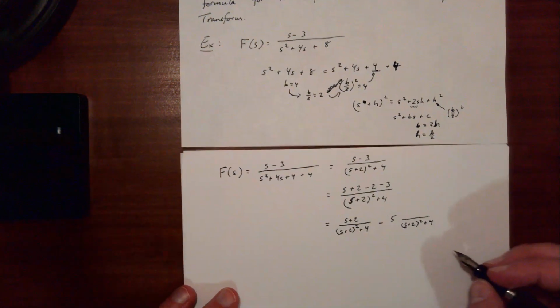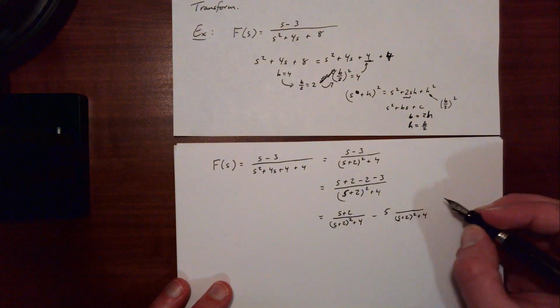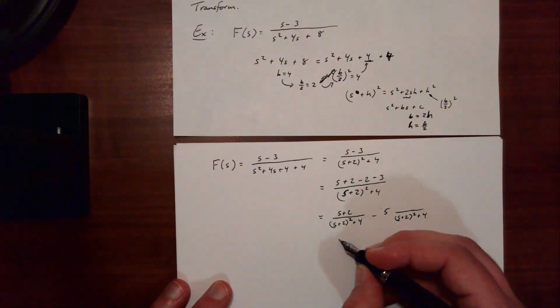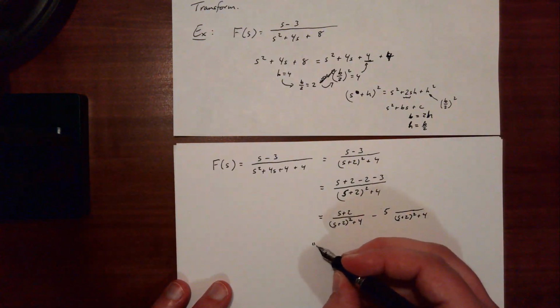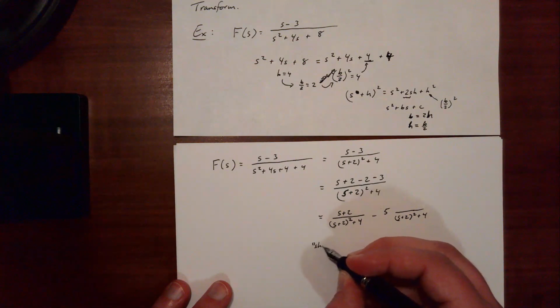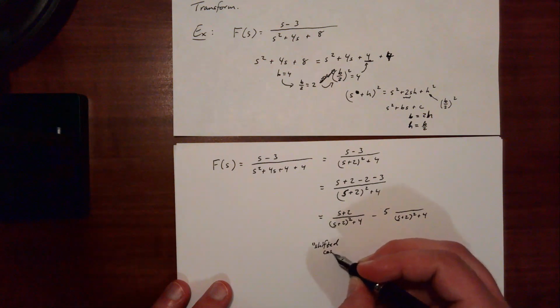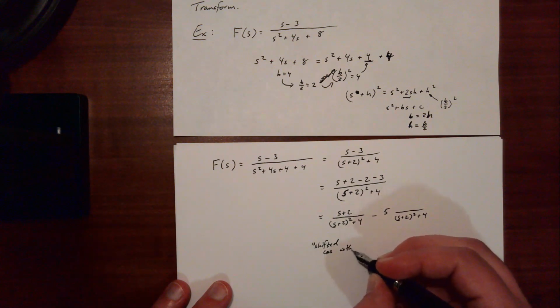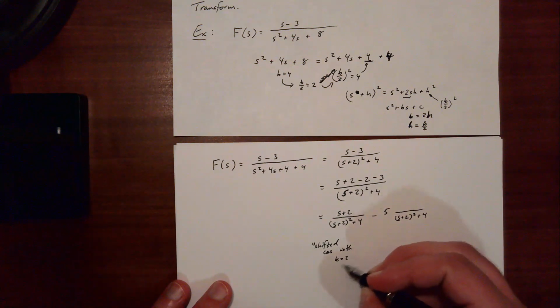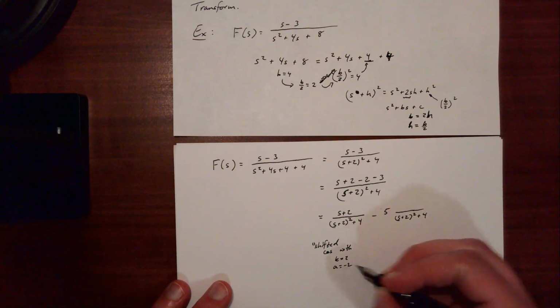And then for this one, we are now looking at a shifted cosine with k equals 2, a equals negative 2.